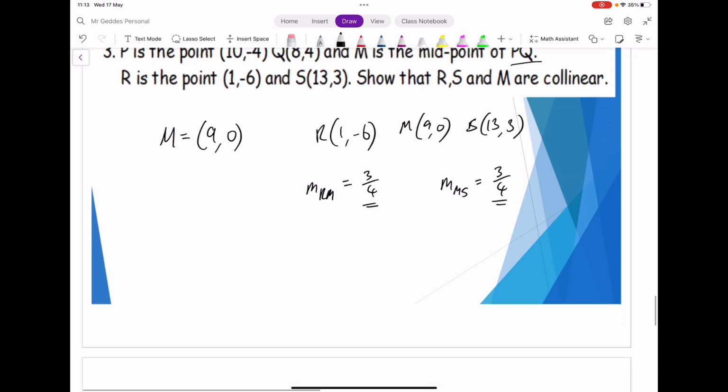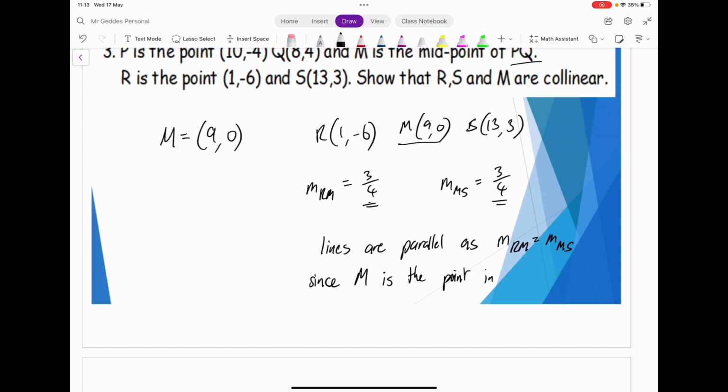Our statement then, because we've got the two gradients matching, we have the point M in common, we're going to say lines are parallel as the gradient of RM equals the gradient of MS, and since capital M for midpoint is the point in common, R, M, S are collinear.